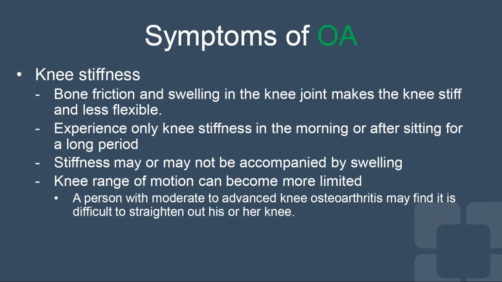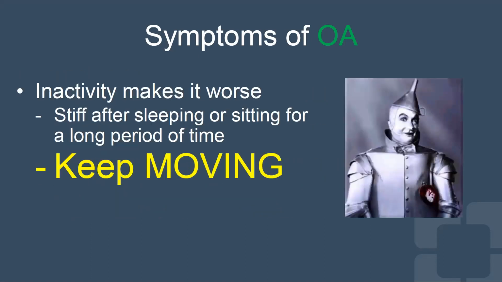So a person with moderate to advanced knee arthritis may find it is difficult to straighten out their knee, and vice versa, bending it as well. But a lot of times we hear straightening is more difficult. So inactivity makes it worse. So stiff after sleeping or sitting for a long period of time. So our goal, and probably why you guys are here, is to keep moving.